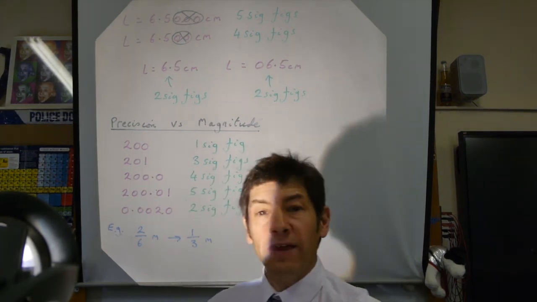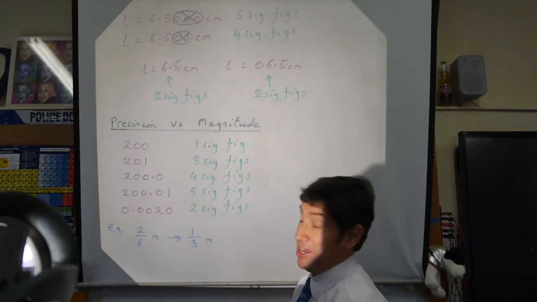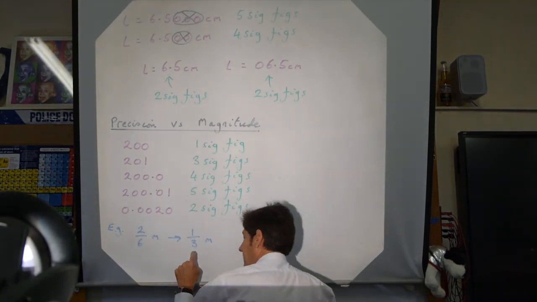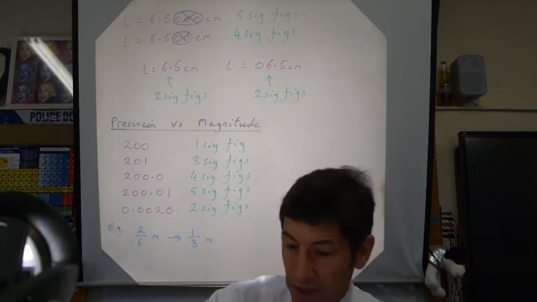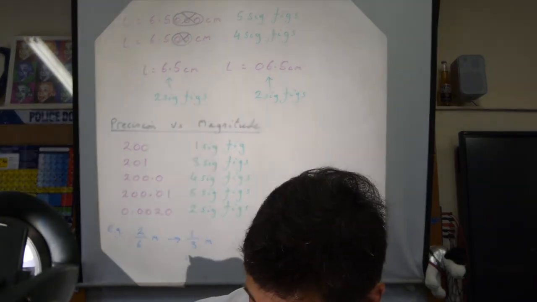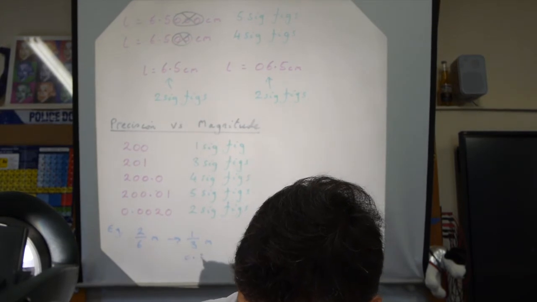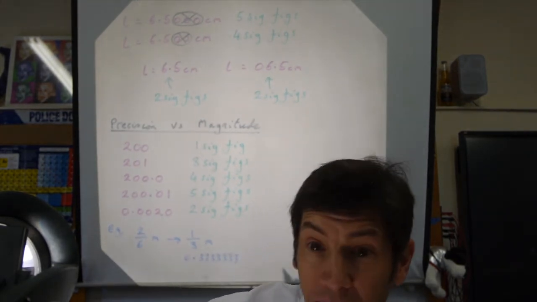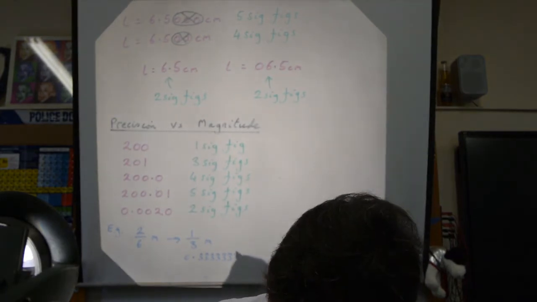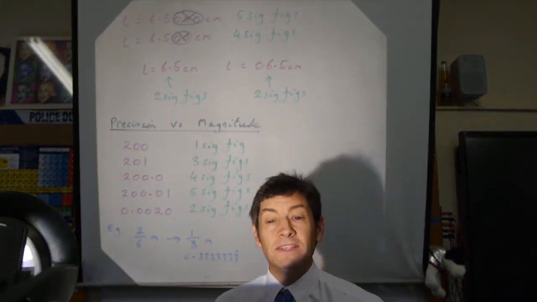What they've done, and we have arguments about this in class, is they have said it's 1/3 of a metre. What they mean is it is 0.333333 recurring metres.